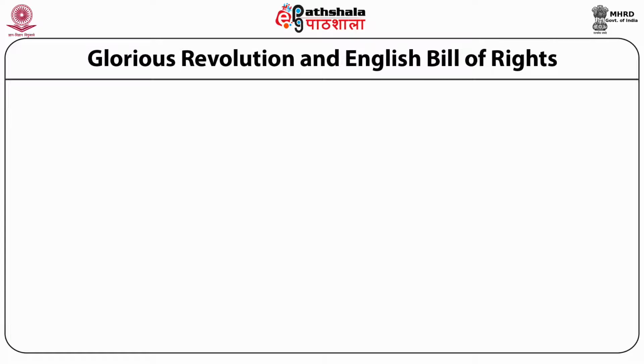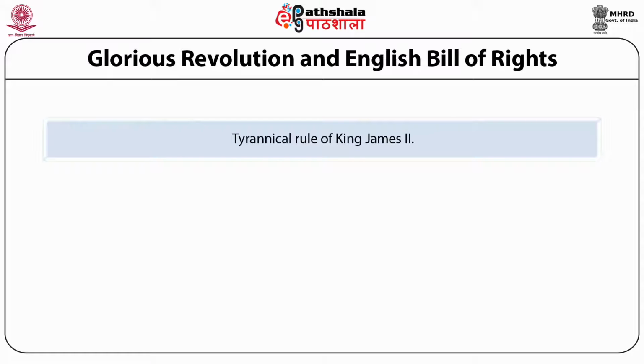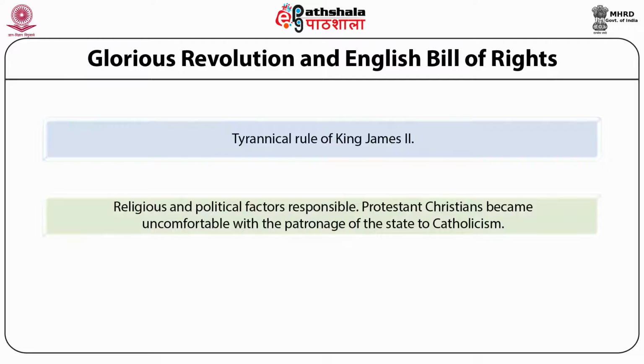In the 17th century, the tyrannical rule of King James led to the Glorious Revolution. There are a series of religious and political factors which led to the Glorious Revolution and the subsequent adoption of the English Bill of Rights.